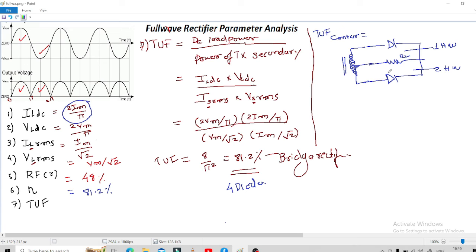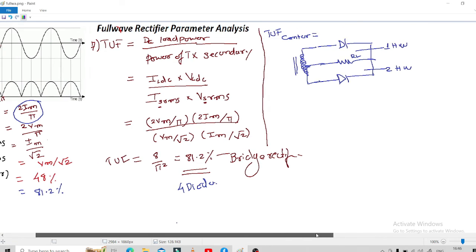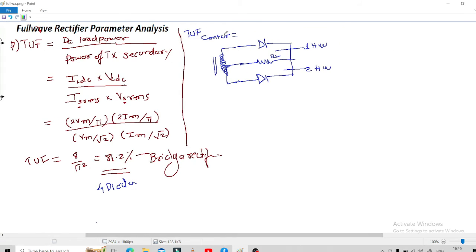Okay, now how to derive this. Now I'll just write here, therefore TUF of primary winding equals 2 into TUF of half wave rectifier.